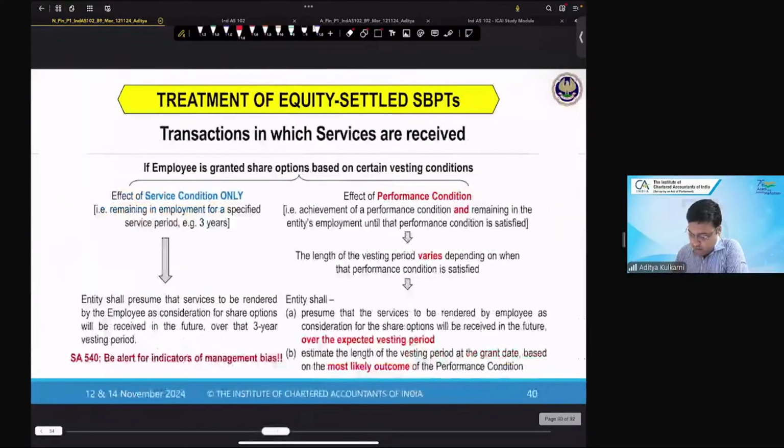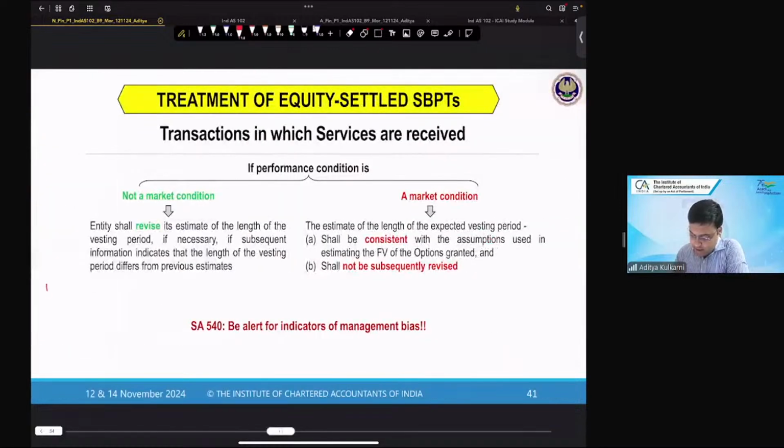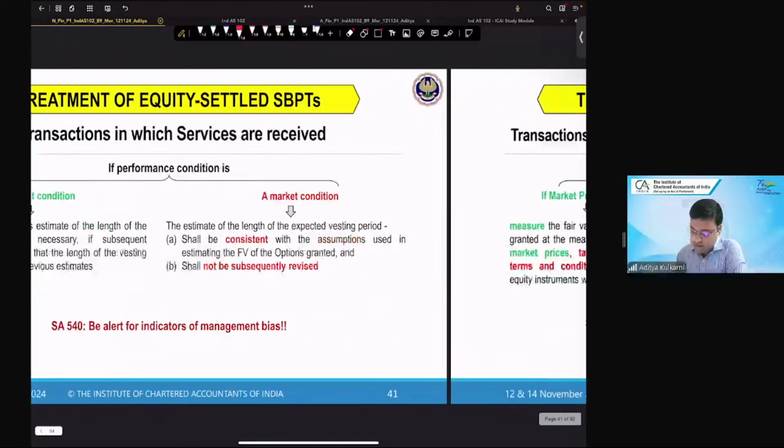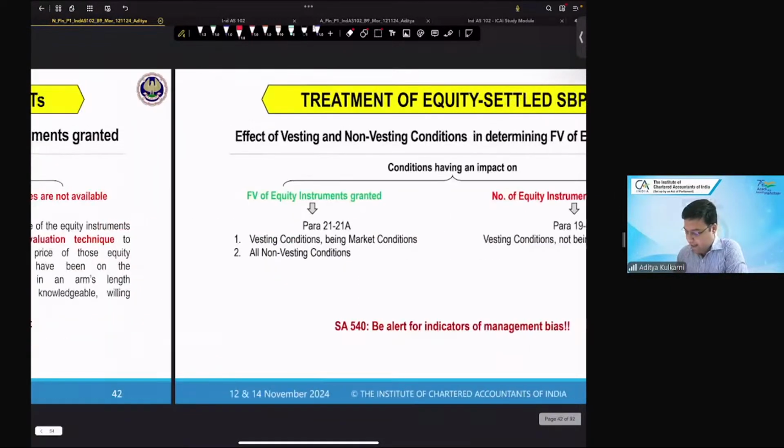Effect of service and performance condition we have seen. Performance condition is not a market condition. A market condition we have seen. All this you should be able to read and understand.